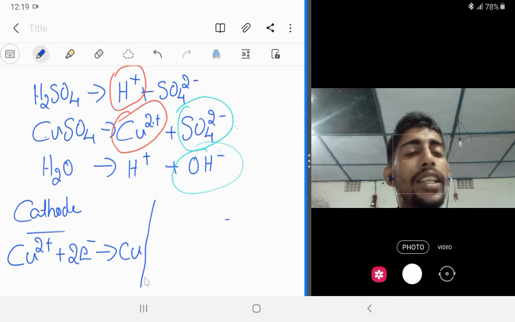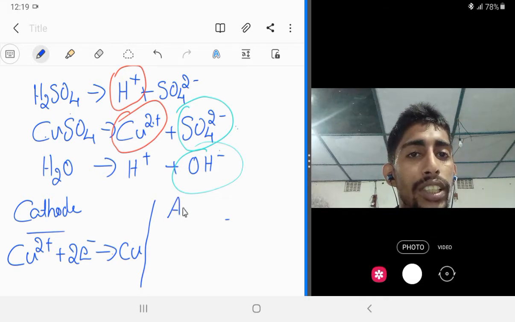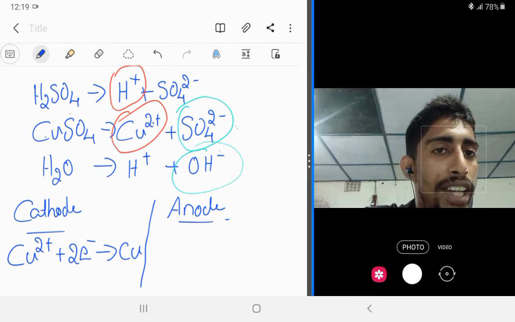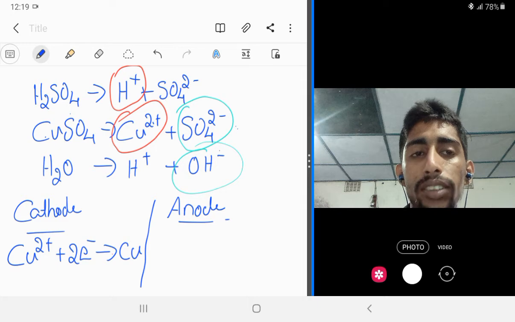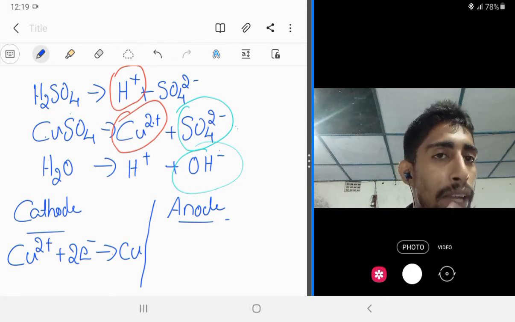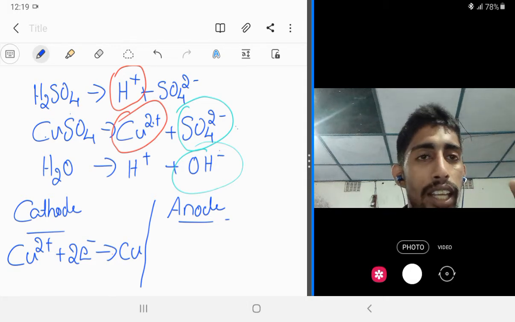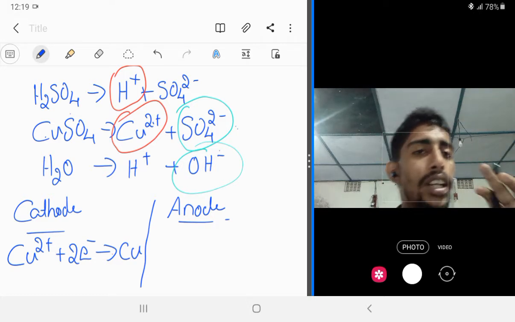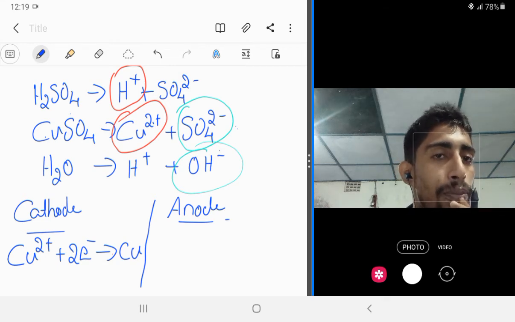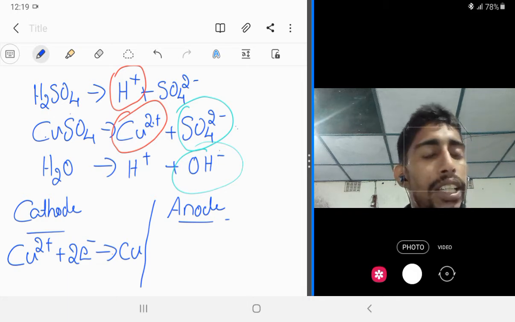Then at the anode, this is the most important part. We know that here we are using copper as the electrode. Copper is an active metal. Then what will happen? Among the hydroxide and sulfate radicals, which one will move to the anode? Obviously we would say hydroxide, but will it be like that?